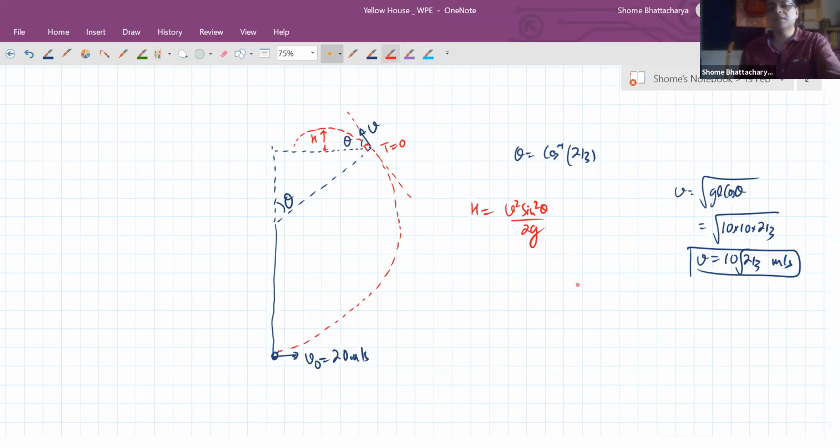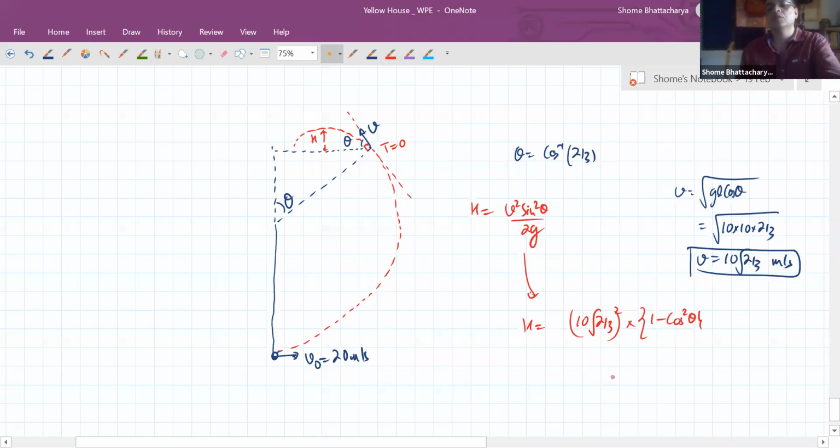So this maximum height of the projectile motion, this will become 10 root 2 by 3 whole square into sine square theta, which we can write as 1 minus cos square theta upon 2 into 10. So 100 into 2 by 3 divided by 20 into 1 minus cos square theta.